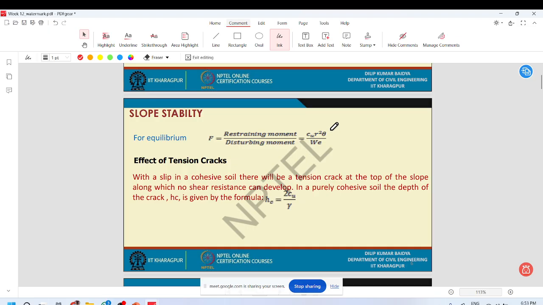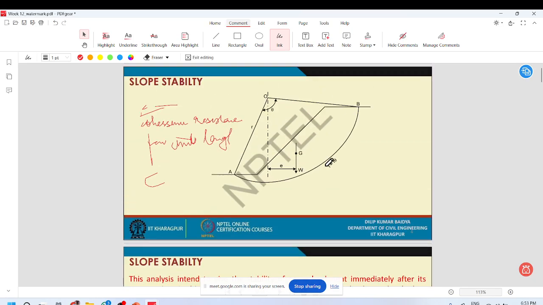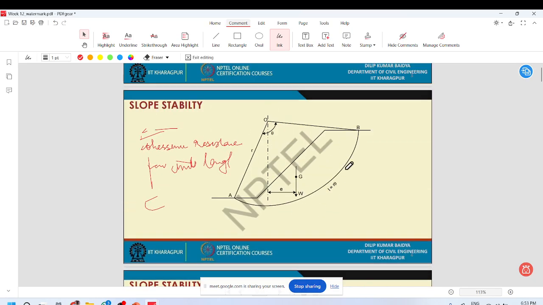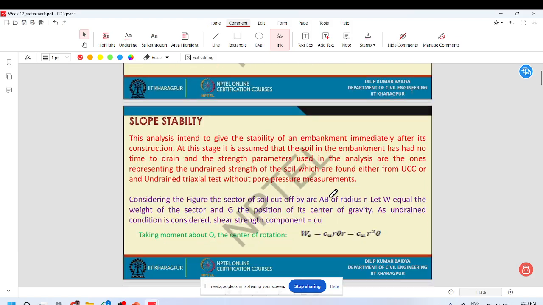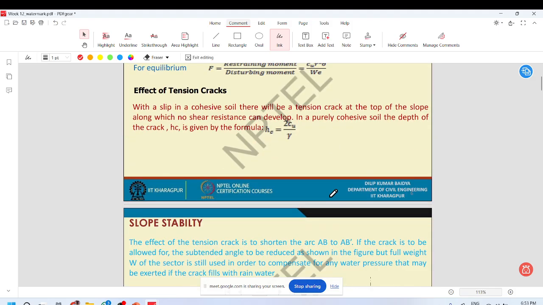Divided by the driving moment, which is the weight of this wedge multiplied by the distance of the center of gravity of this weight from the center of the slip surface.